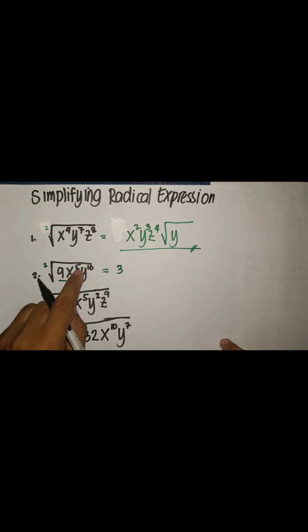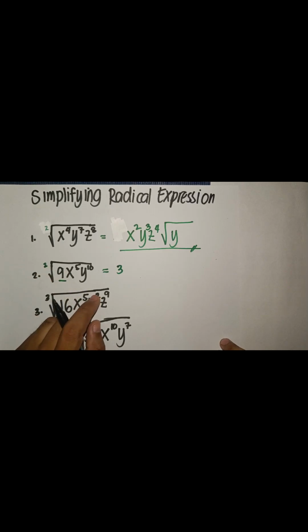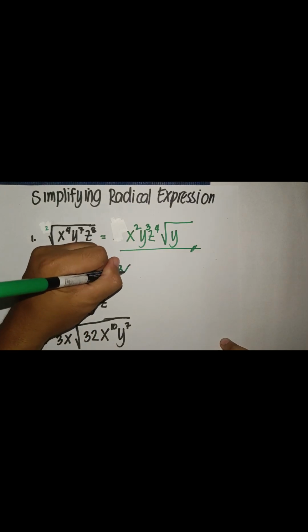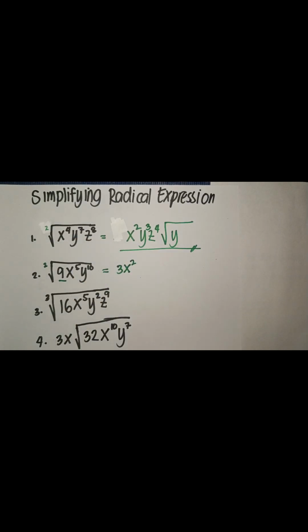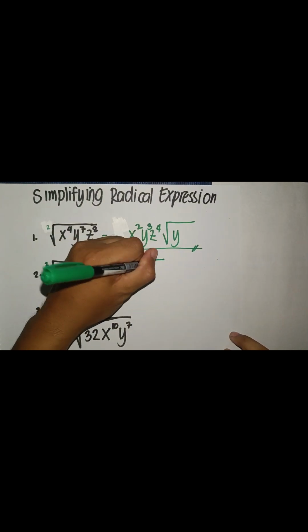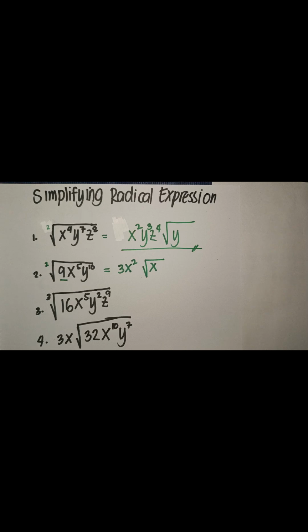Next, x to the exponent of 5. 5 divided by 2 is 2, remainder 1. So there are 2 x that will be written outside the radical symbol, and then remainder 1, there will be 1 x that will remain inside the radical symbol.